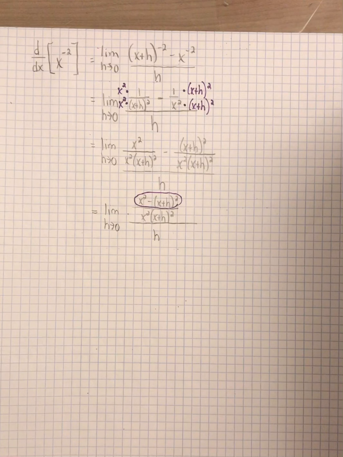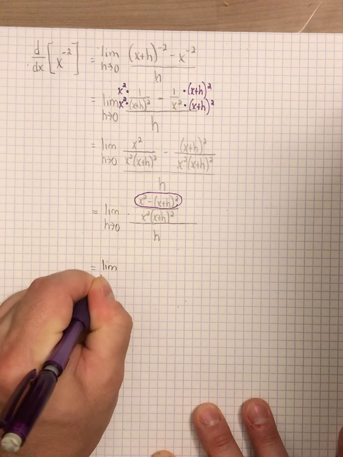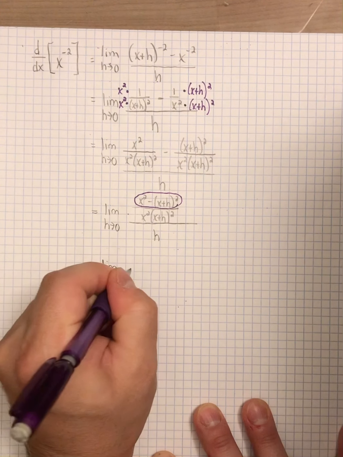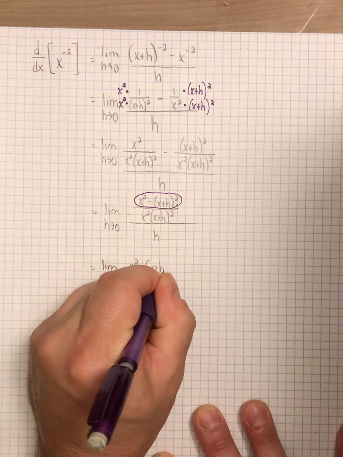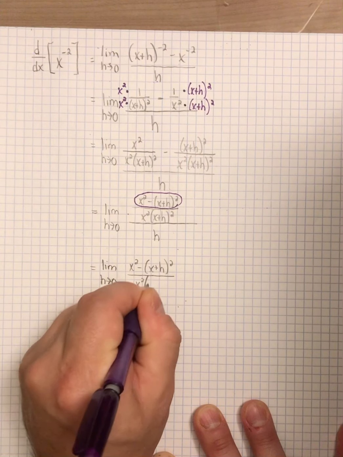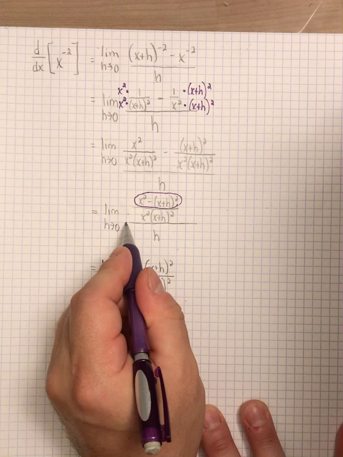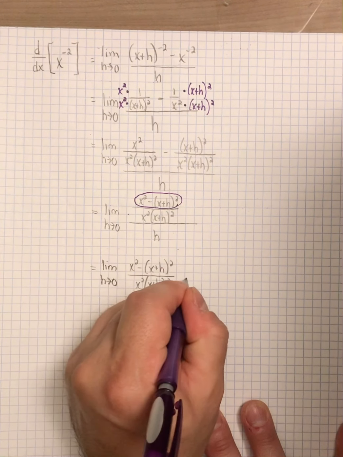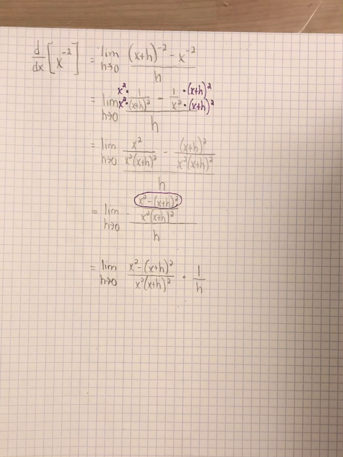Now, actually, because this is a complex fraction, the best way to deal with this would be, instead of writing a big division by h, write a multiplication by its reciprocal, 1 over h.